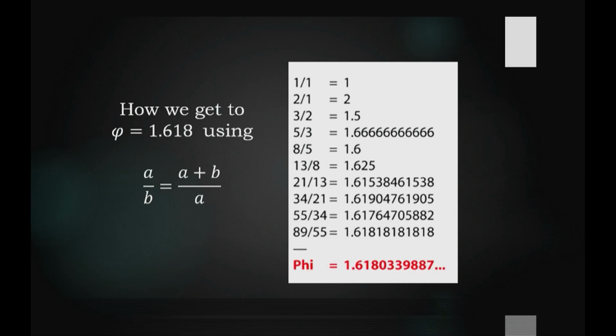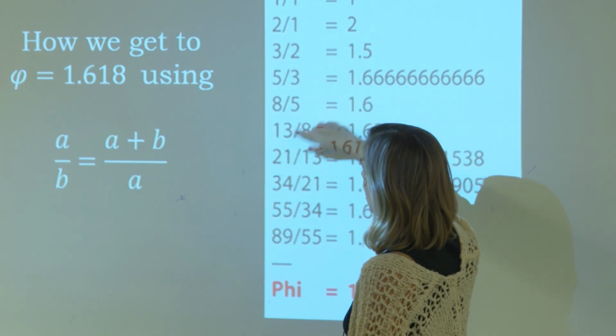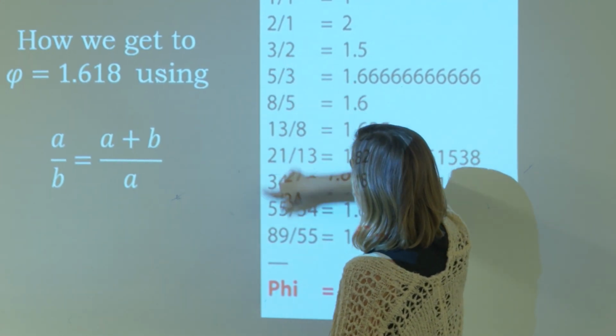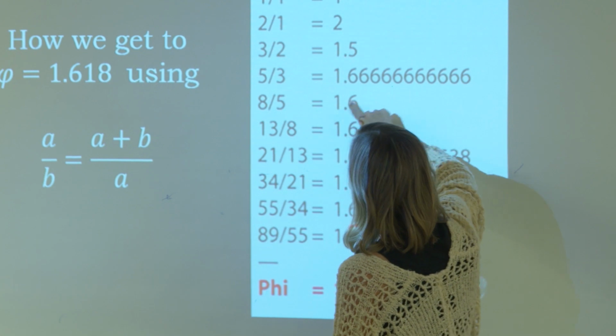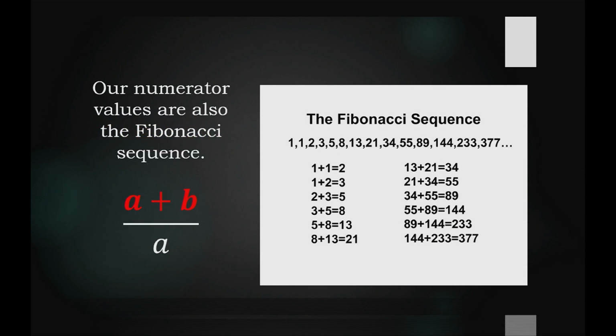The golden ratio says that the ratio of A to B is equal to the ratio of A plus B over A. And we'll talk about how this comes out to be phi in a moment. In order to get those values, our first ratio would end up being 1/1, which is 1, and then 2/1.